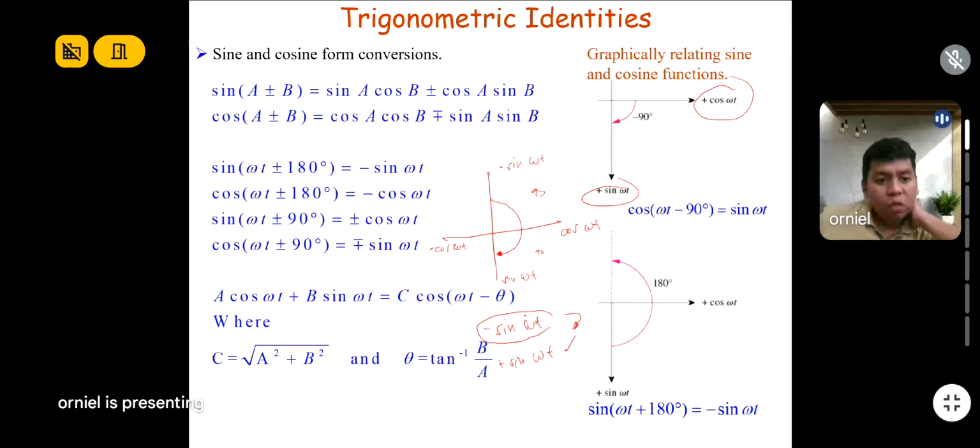So if you have negative sine, you can have this: cosine omega t plus 180, so that it becomes positive sine omega t. Sorry, sine omega t.